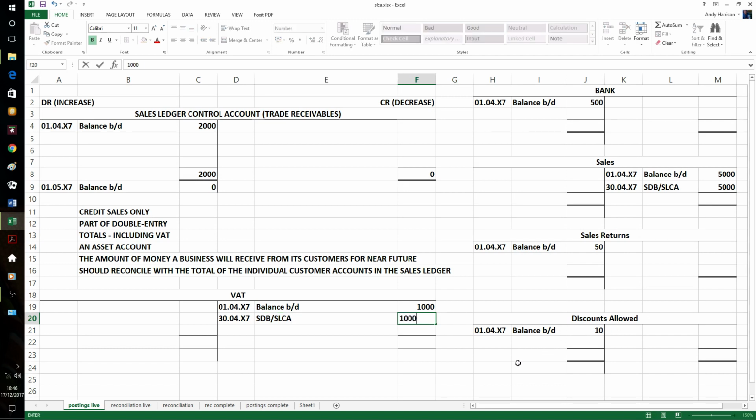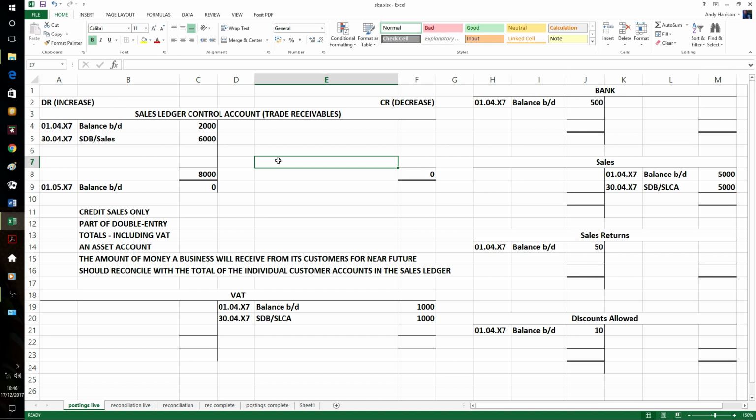So that's our credit entries. We have credited £6,000. So we need to debit £6,000. And that now shows that without anything else happening, our customers owe us £8,000.